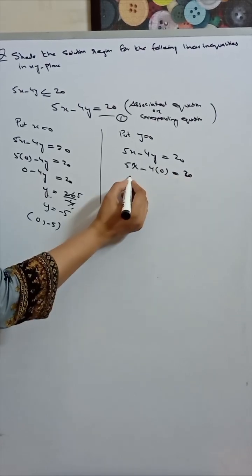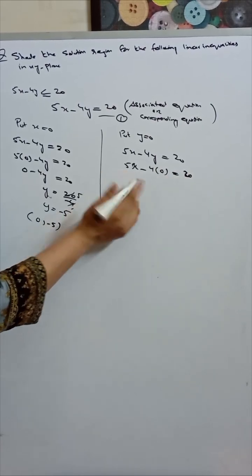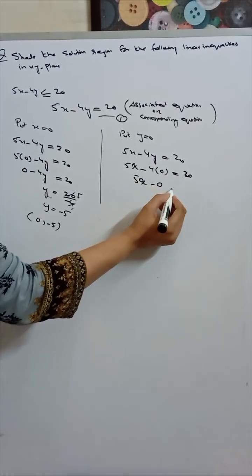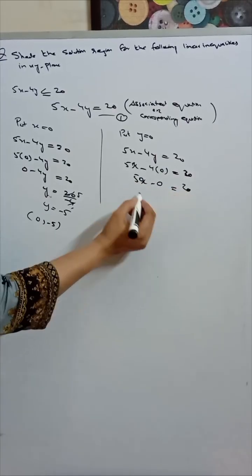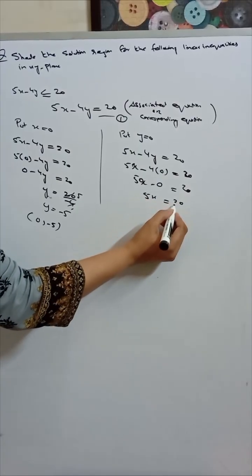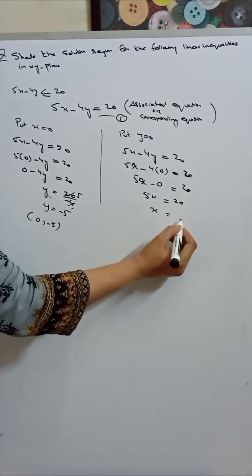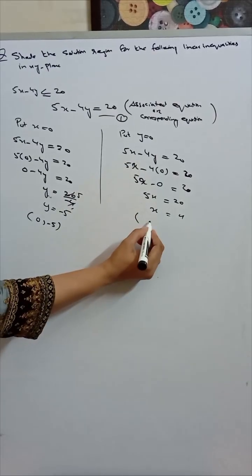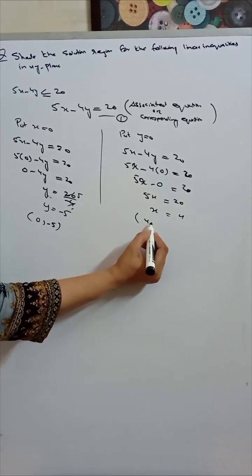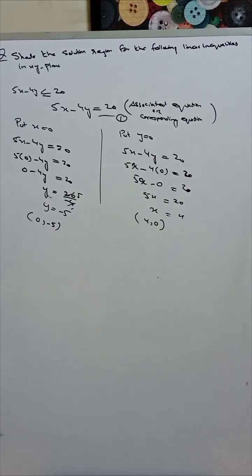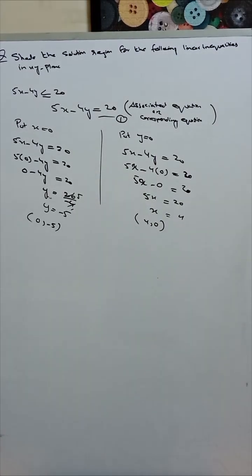Alright, 5x minus 0 equals 20, and 5x equals 20, x equals 20 by 5, what is the answer? 4. So, at y equal to 0, x is 4, and we get the ordered pair (4, 0). Any problem here? I hope not.